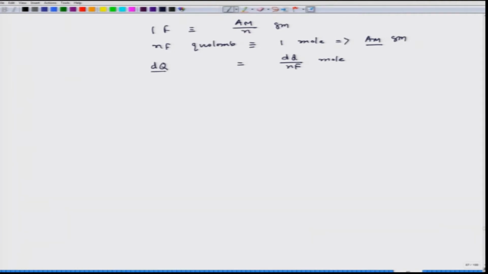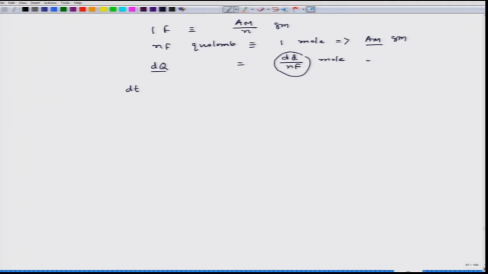Now you see, if we send dq amount of charge, we get this much loss of mole of that particular metal that is dissolving in the solution. Now, if this dq charge is sent for dt time, which is a very small time, then we can find out the number of moles dissolved per unit time.